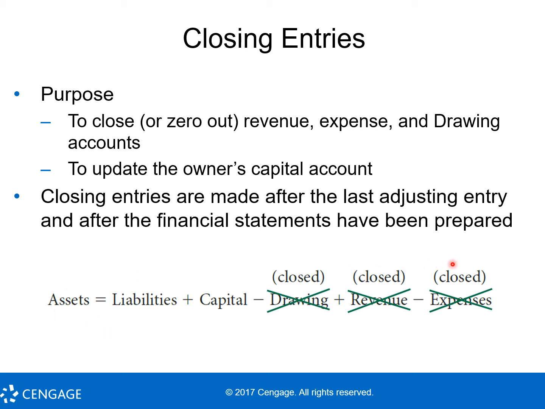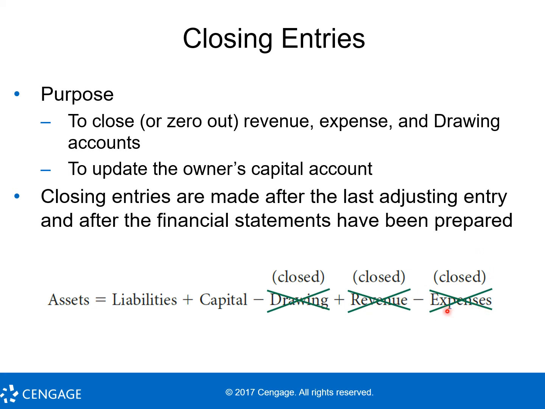Now you can see here with our expanded accounting equation that it shows what's closed and what's not. Assets stay open because we want to carry those over year to year. Liabilities are also going to carry over, and our capital is going to carry over. We're going to close drawing for the year, revenue, and expenses.